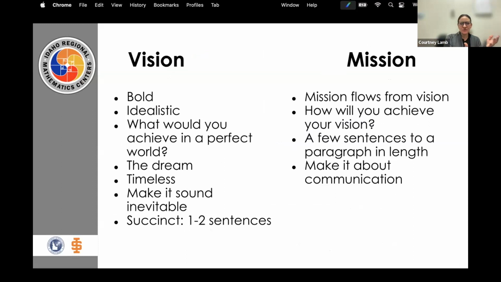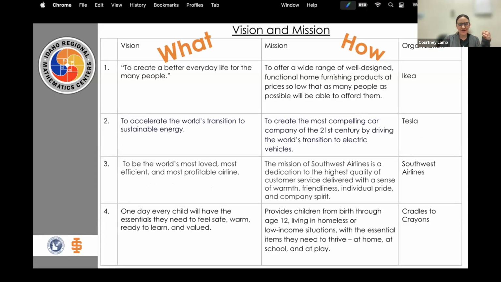So ideally, you do want your vision to be bold and idealistic. Notice it has some of those big words, things like every child. I mean, really, will every child in the entire world have these things? Maybe not. But for your vision, it's okay to be idealistic.